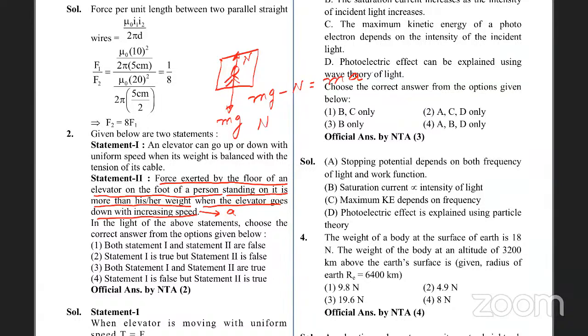So N is equal to m into g minus a. So definitely the normal reaction is less than his weight. So the apparent weight is less than the true weight. True weight is mg. So the other statement is false. So the answer is statement 1 is true, statement 2 is false.